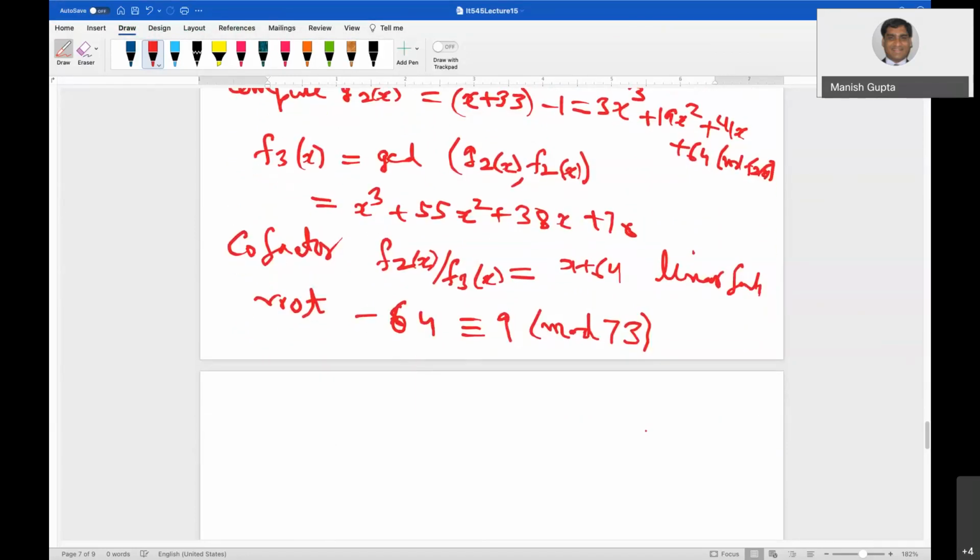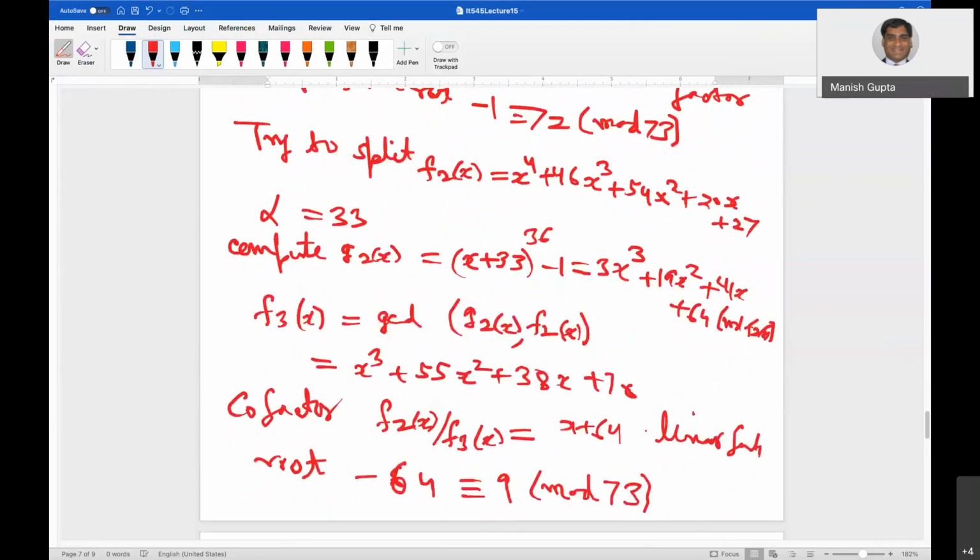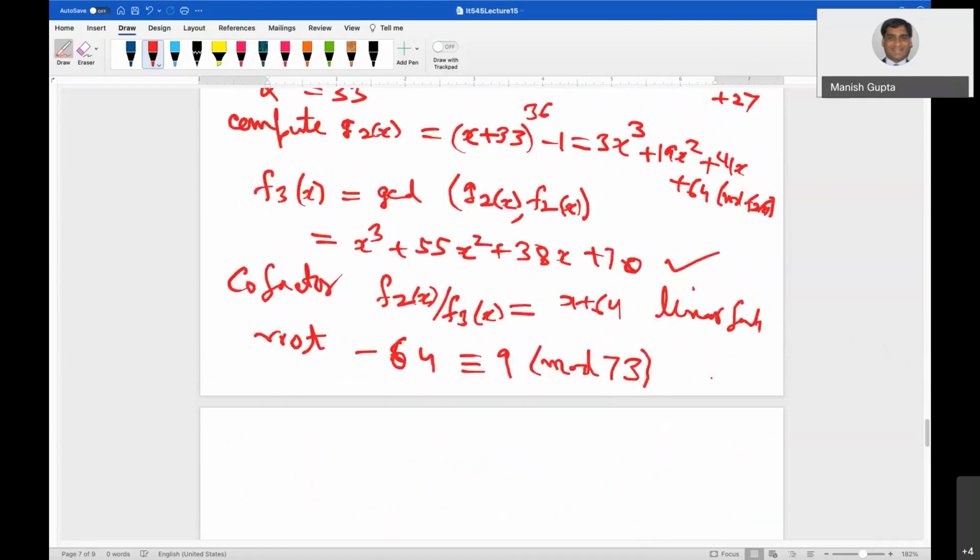Now we are left with this polynomial, x cube. f3 of x has come to us, right? This polynomial is there. We need to look at f3 of x. We try to split this x cube plus 55x square plus 38x plus 70.